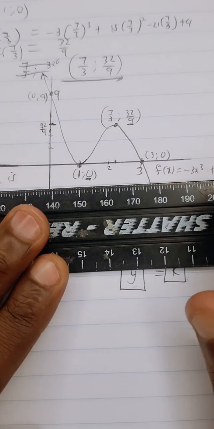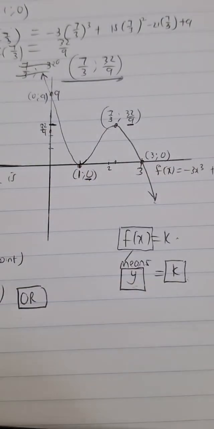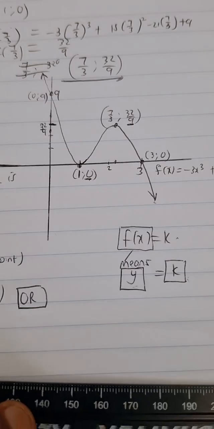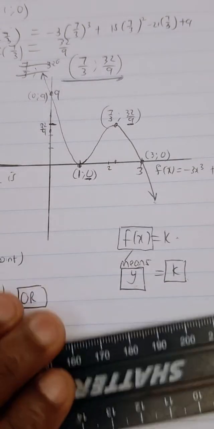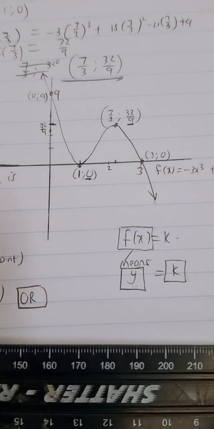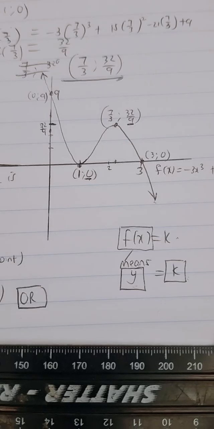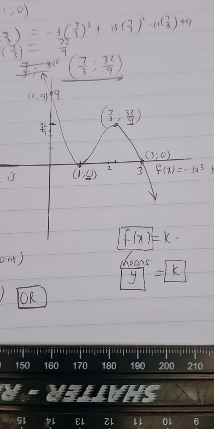If we are talking about the y values, it's as though we are talking about the k values. But they are asking for which value of k will f of x equal k have exactly 3 different real roots.